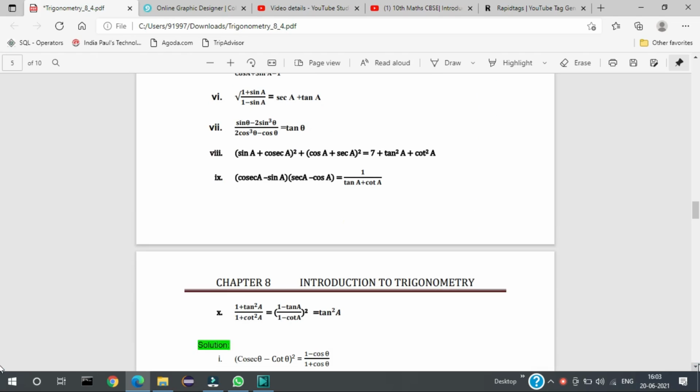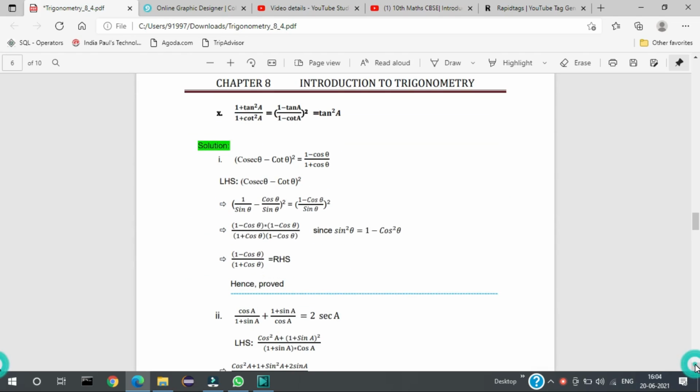What is the first one? Coming to the solution. First one is given: (cosecant theta minus cot theta) whole square equals 1 minus cos theta by 1 plus cos theta. We need to prove. Coming to the LHS, (cosecant theta minus cot theta) whole square.